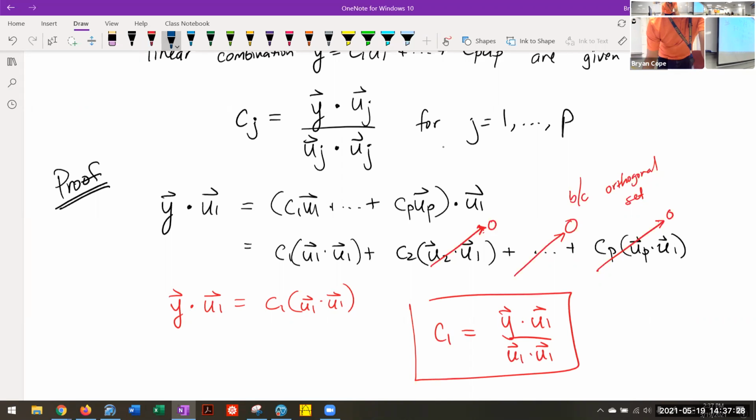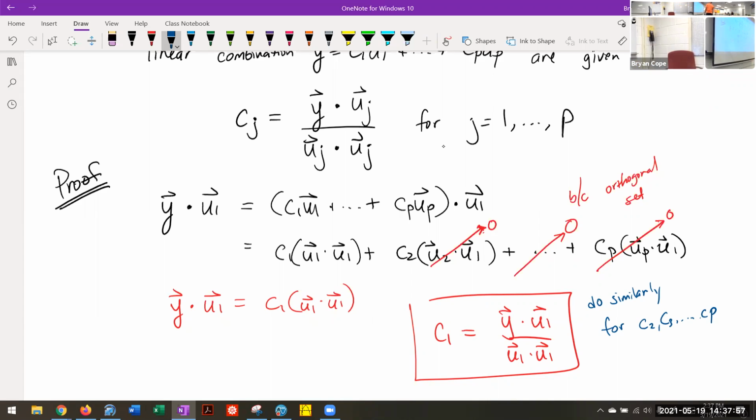And then we take that cheap shot, we say, yeah, we've really only done 1/5 of the proof, right? So we just say, do similarly, and mathematicians do this all the time, do similarly for C2, C3, all the way out to CP. And we show that every single time we're going to get, like for C2, Y dot U2 over U2 dot U2.